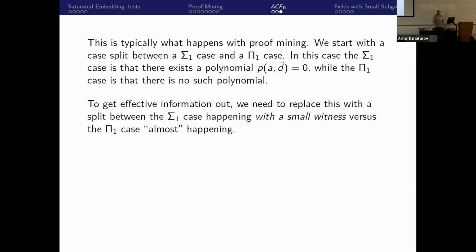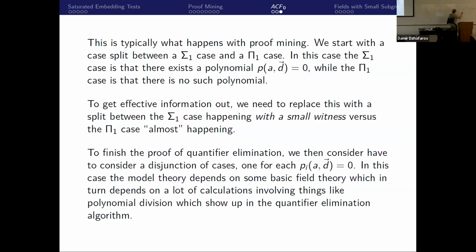So what consistently happens is that you find a different division that goes like this. In order to do something computable, I have to divide into either a case where there's not just a witness, not just a polynomial that's satisfied, but a small polynomial. In this case, it's literally one of the polynomials appearing in our form.